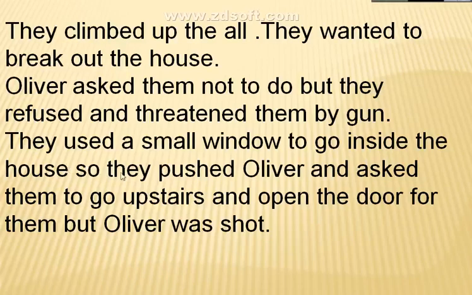They pushed Oliver and asked him to go upstairs and open the door for them. But Oliver was shot. Because the window was so small, they couldn't go inside, so they pushed Oliver to go through the window.